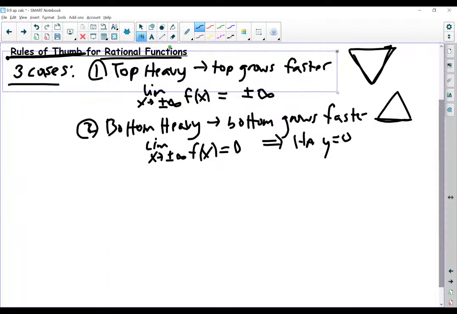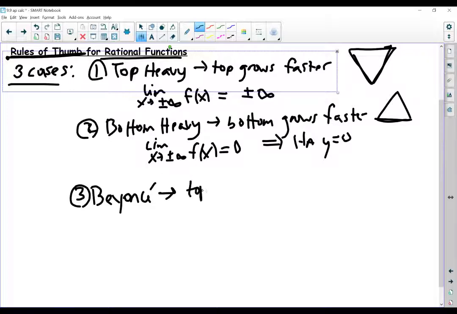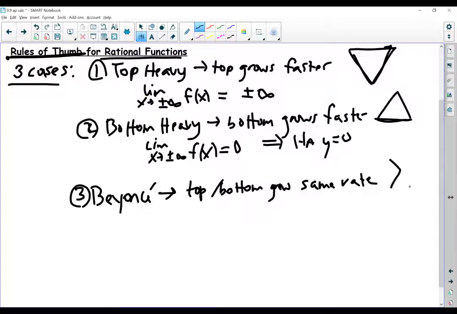Now, the third case, my darlings, is what I like to call Beyonce, because Beyonce is perfect in every way. She is on point. She will be perfect forever and always, no matter how much time goes on. A Beyonce function means that the top and the bottom grow at the same rate. That would be a function that looks like this, your perfect hourglass shape.